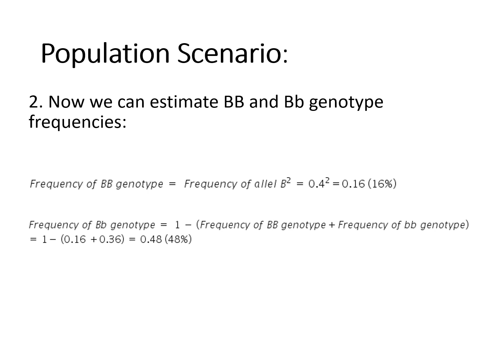That means 16% of the population is homozygous dominant. And for B capital B lowercase, we have a couple of ways to calculate it. The simplest is to subtract the frequencies of bb and BB from 1. That gives us 0.48, or 48% of the population, the heterozygous individuals.